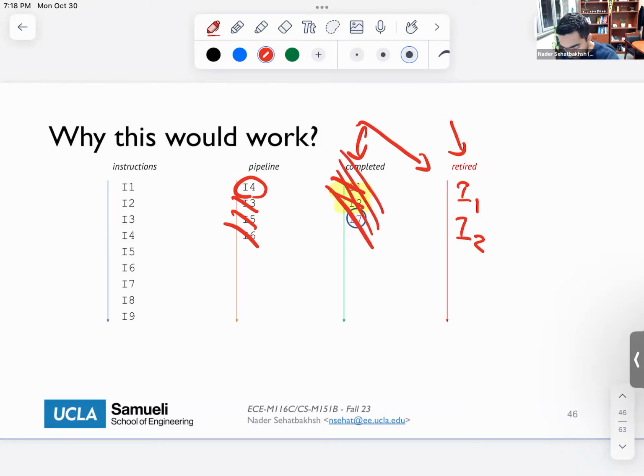I'm not going to flush things in the retire, but I'm going to flush the entire pipeline and the entire complete buffer. Okay, and in this case, you see that we're not going to have the problem that we had before, right? Because I7, although it's completed, never actually reaches the permanent storage. Okay, so this is how we fix this issue.